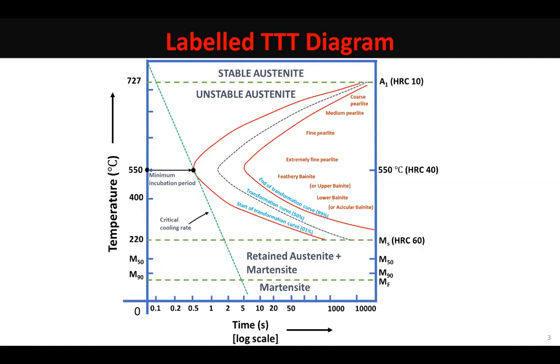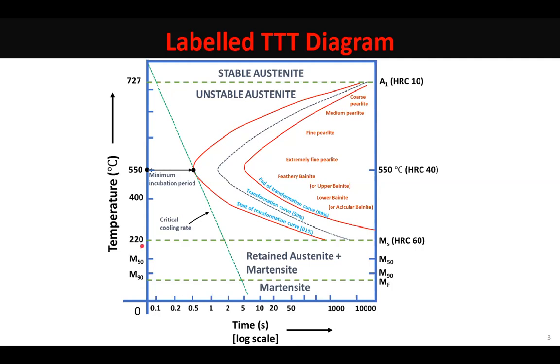Again, this transformation of austenite to bainite is diffusion based, and when austenite transforms to bainite, diffusion of carbon atoms of austenite takes place extensively, while that of gamma iron takes place only to a small extent.